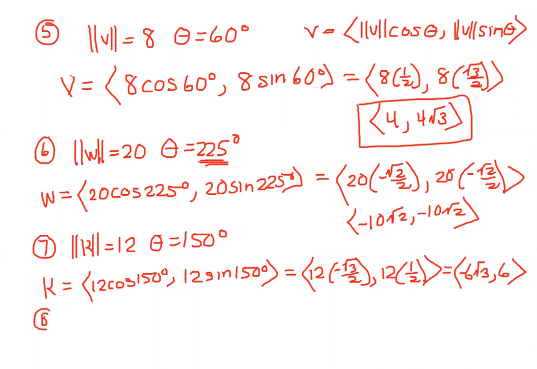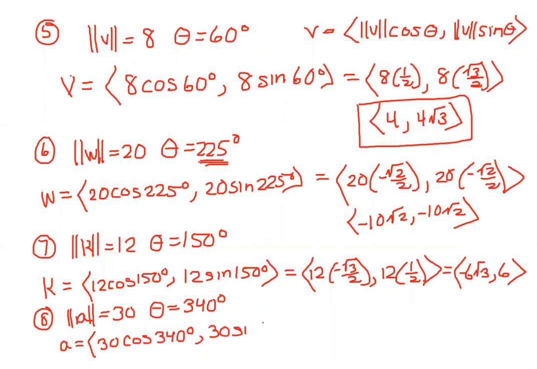Number 8, your angle is not on your unit circle. So what are you going to do? You're going to have to use your calculator. And you're going to say a equals 30 cosine of 340, 30 sine of 340.